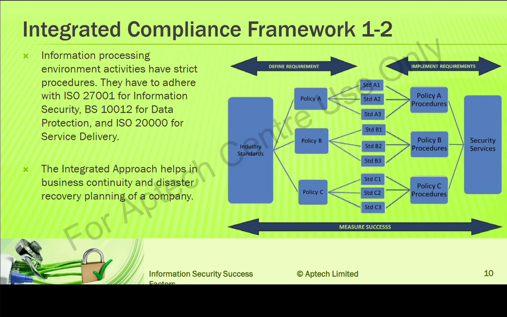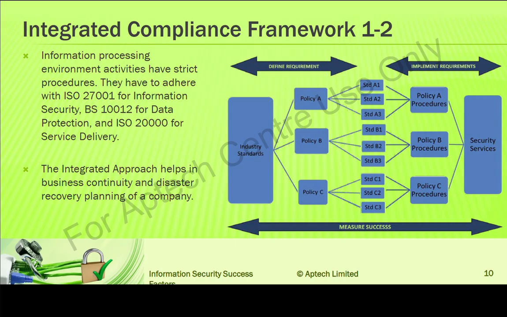And policy C is for the service delivery. We check all the standards, C1, C2, and C3, to develop policy procedures for security services for the organization, and this is a major success. We'll be able to guarantee success in the business operation.